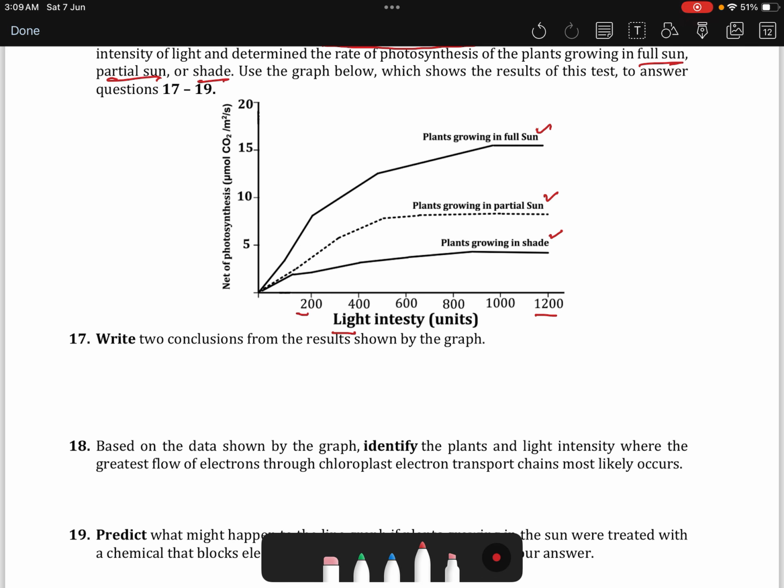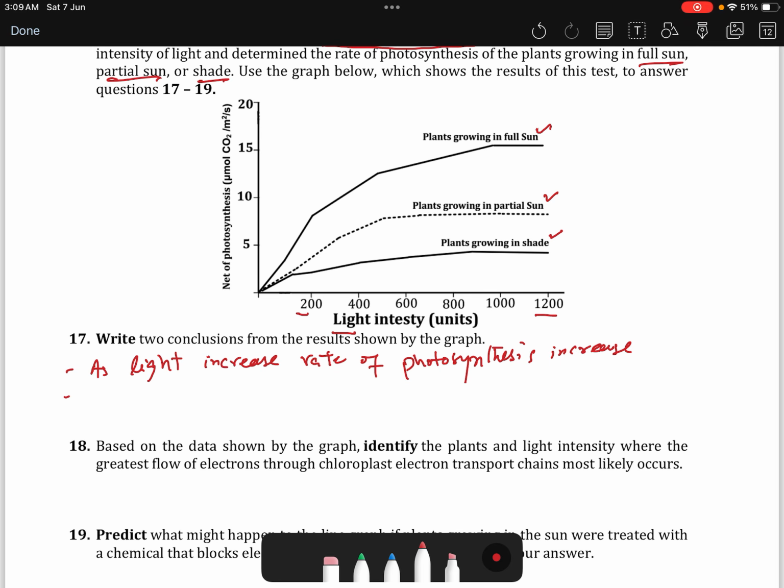It's so easy. Okay, so the conclusions that you can answer from here: as light increases, rate of photosynthesis increases. This is point number one, a general one.